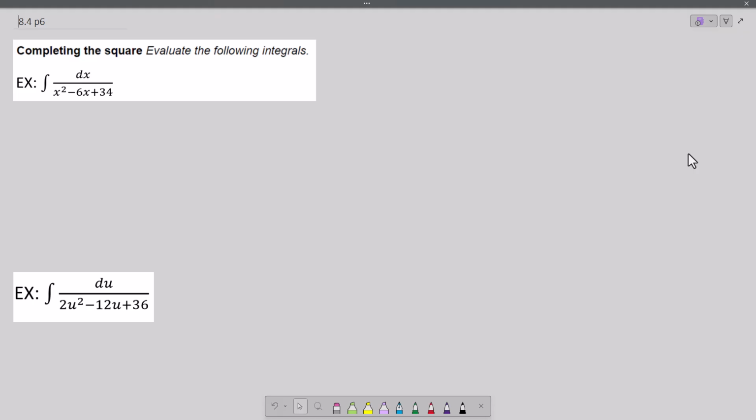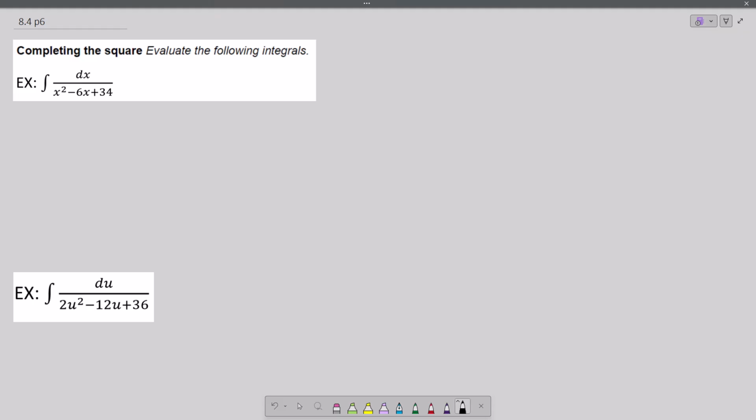Now, if that could be factored, there's a technique that we're going to learn later called partial fraction decomposition, and partial fraction decomposition will be used when you have a quadratic and you can, in fact, factor it. But if you can't factor it, go ahead and use completing the square.